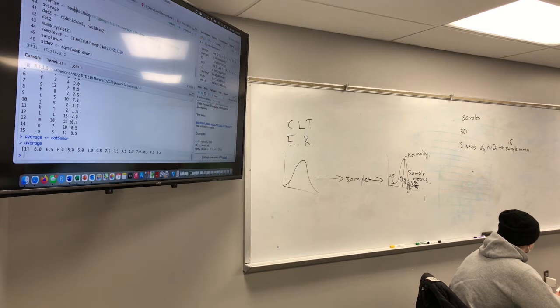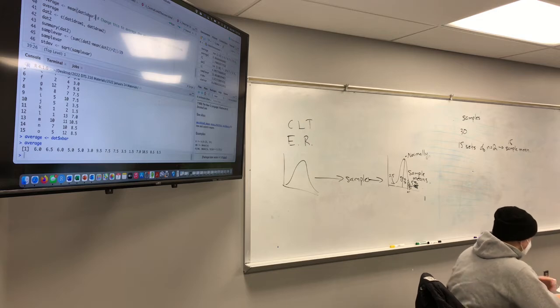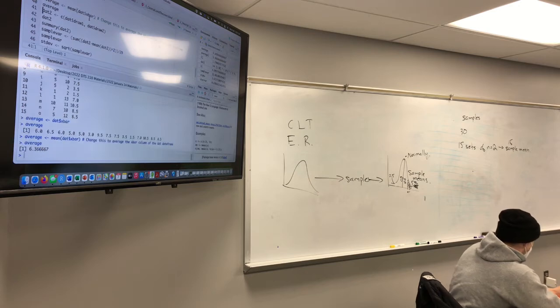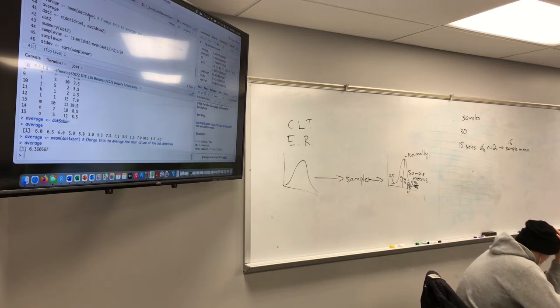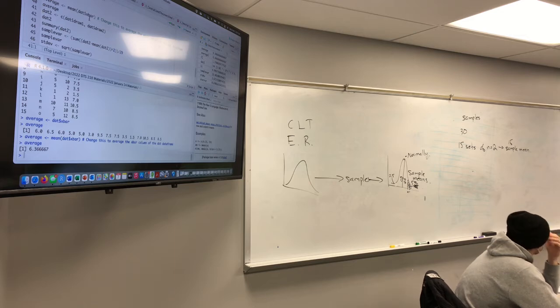I forgot something. I need to take the mean of that. My bad. Does that work? Yeah. Sorry, I forgot to take the mean. I just got it to reproduce the averages that we had done before. So take the mean of that column, and it should give you 6.36.